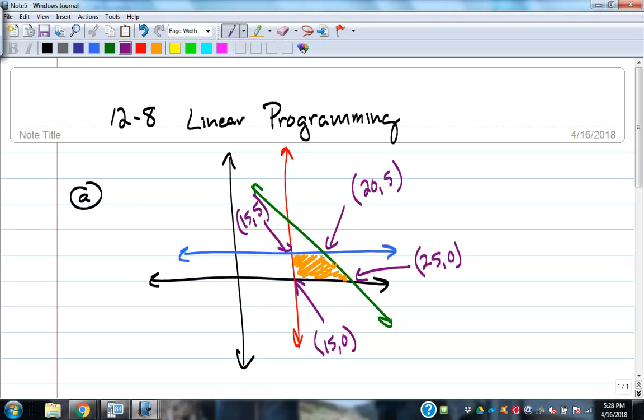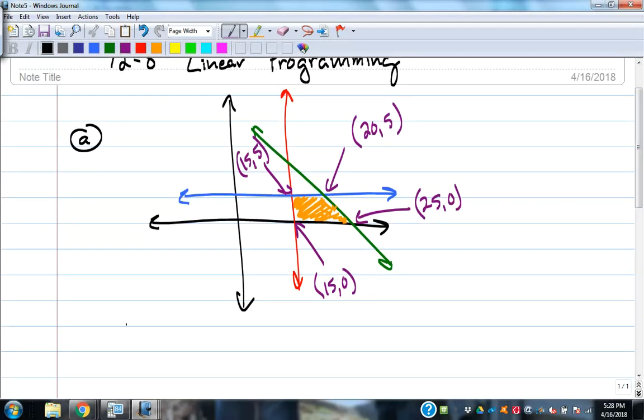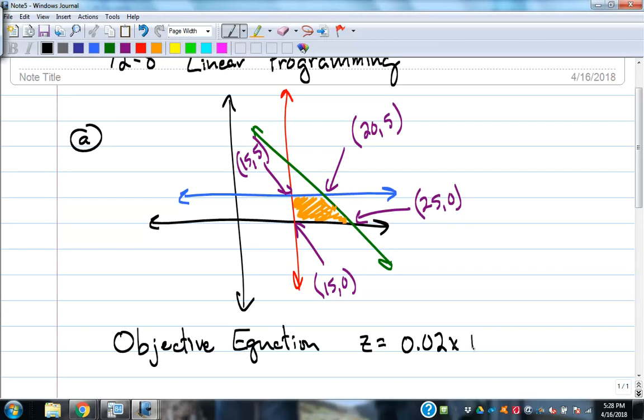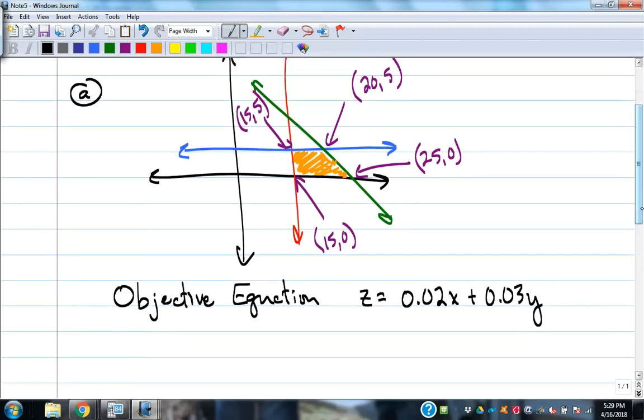I'm going to give you all of that fun stuff already done for you. What you have is what's called an objective equation. They give you this objective equation, and I use Z there.